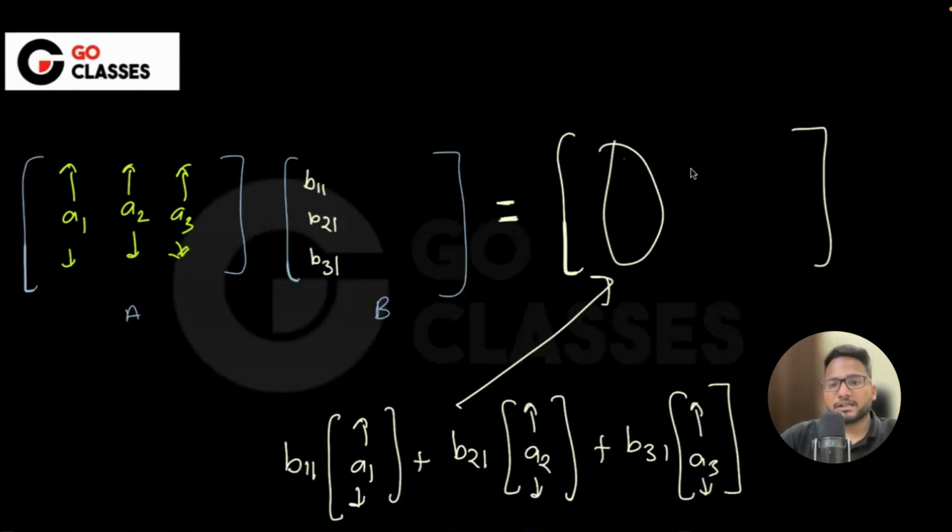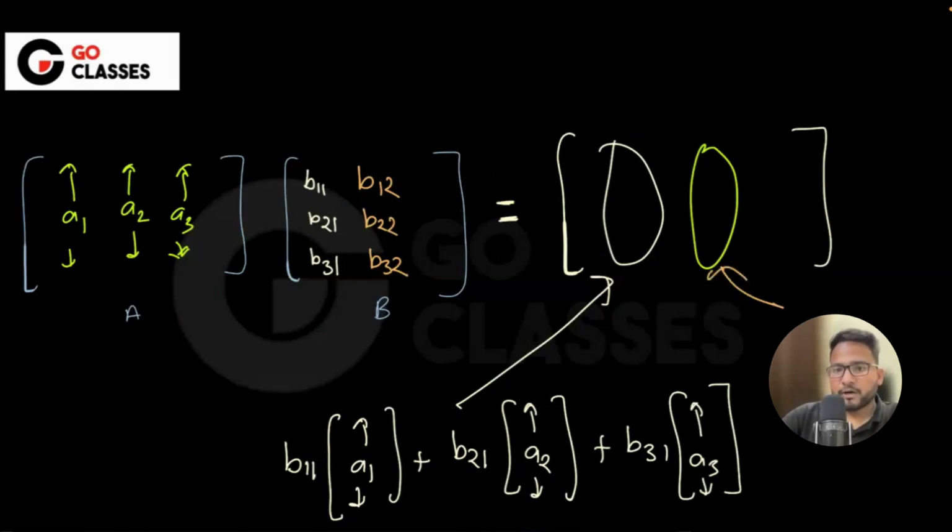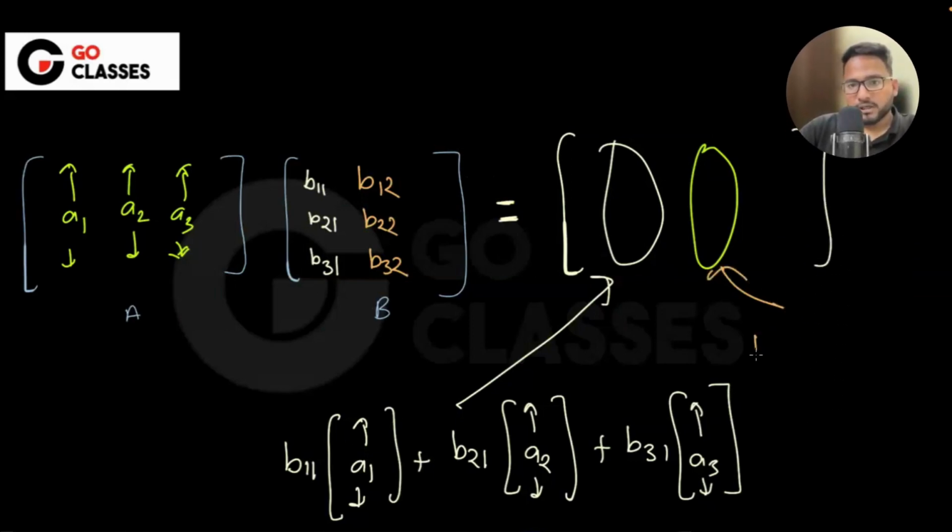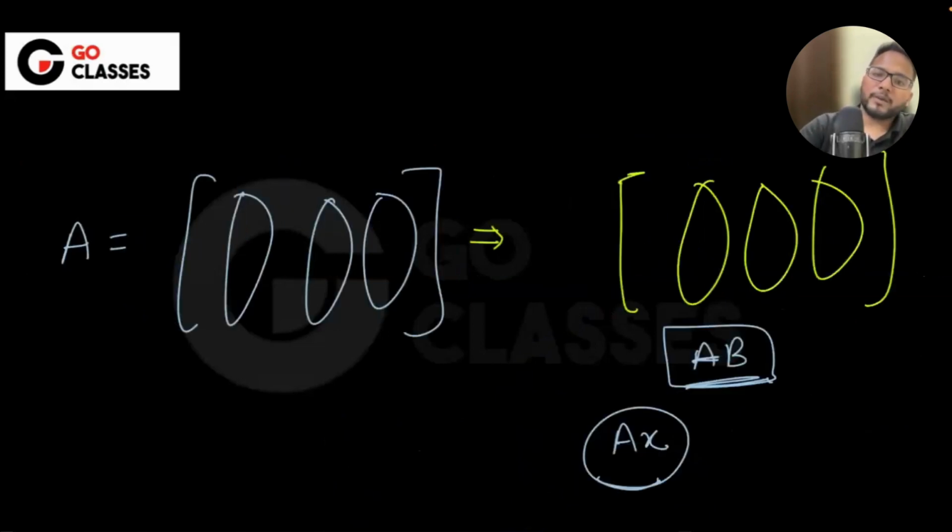So similarly, I can say this vector also is nothing but linear combination of columns of A, where the coefficients are B first row, second column, second row, second column, third row, second column. So this vector is also similarly like this, right? You can say it is B12 A1 plus B22 A2 plus B32 A3, isn't it? So basically, these vectors are nothing but linear combination of columns of A. Is this fine to everyone? So in AB, whatever vectors you get are nothing but linear combination of columns of A.